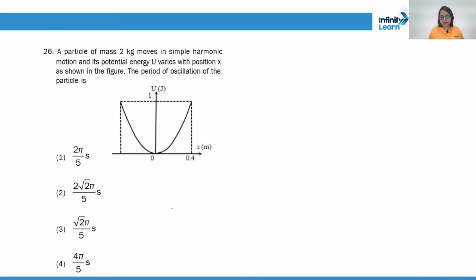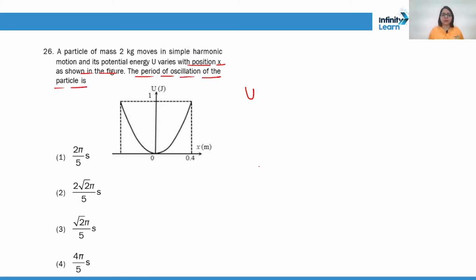Question number 26. A particle of mass 2 kg moves in simple harmonic motion and its potential energy U varies with position x as shown in the figure. The time period of oscillation of the particle is?